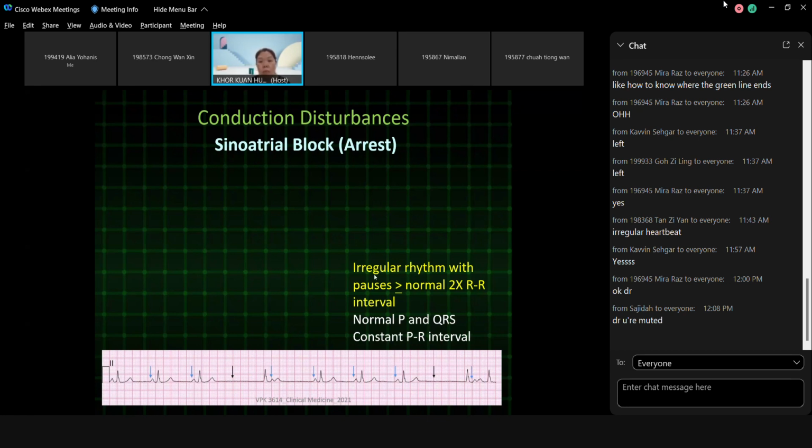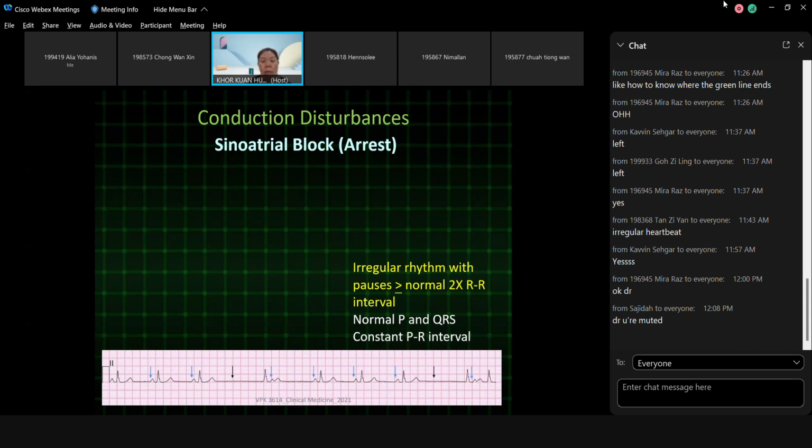And when you see this, you get an irregular rhythm with a pause. Sometimes you get 2 times the R to R interval. Okay, you get a normal P and a normal QRS. But the PR intervals are not very constant. Okay, let's look at the ECG trace. P, QRST, P, QRST, P, QRST, no P at all, suddenly QRS, the P is there, the T suddenly comes out.